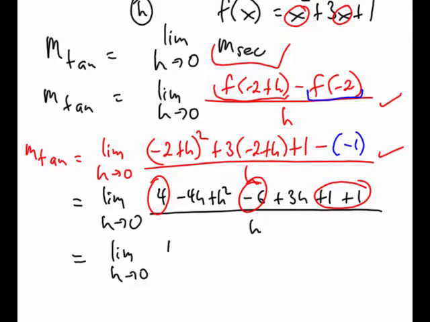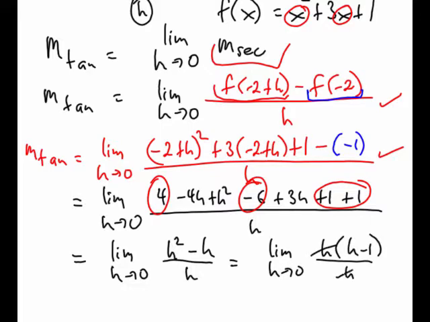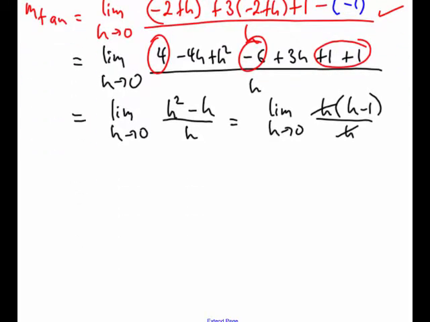So I'm down to h squared minus h over h. I can factor out an h up top. Those cancel. And so my slope of my tangent is the limit as h approaches 0 of h minus 1.